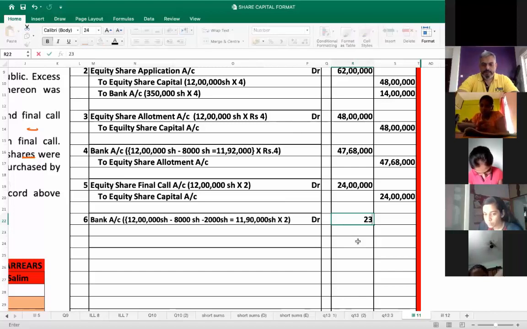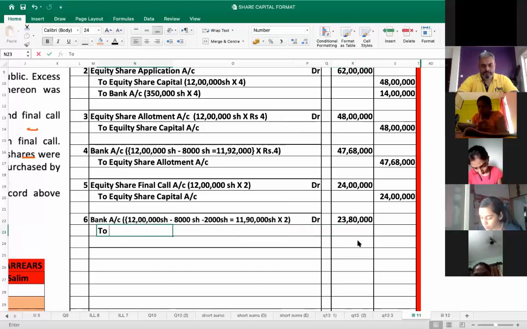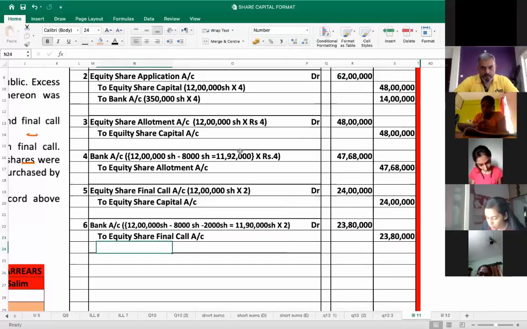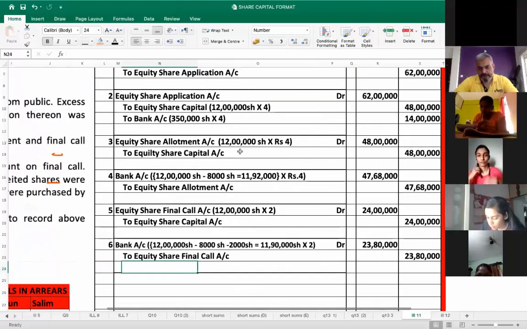Twenty-three lakh 80,000, to equity share final call account, 23 lakh 80,000. Now all these six entries are standard entries.